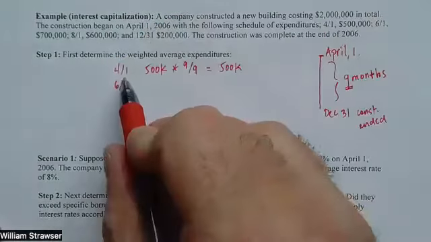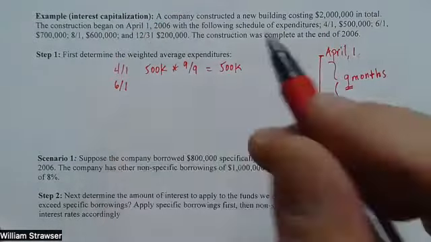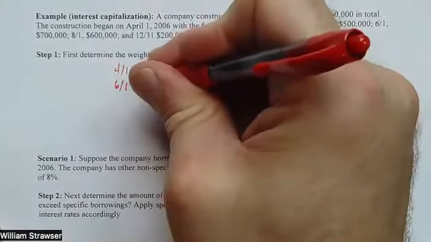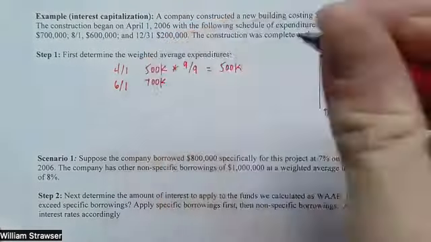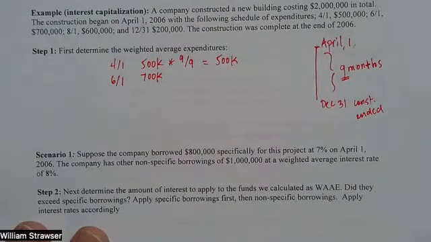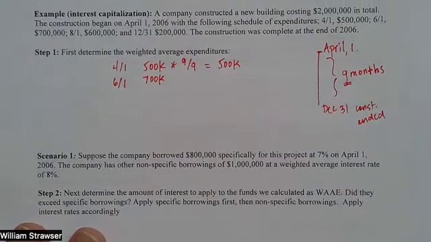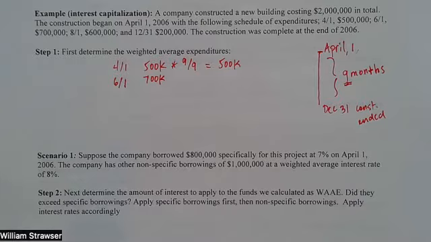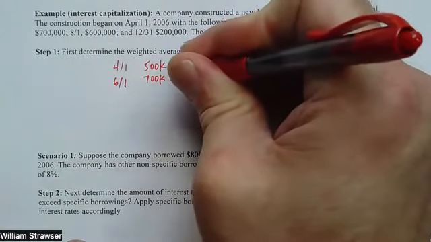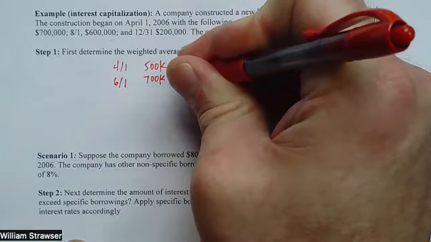So then we're 2 months in, 6/1. On June 1st, we spent $700,000. So if that was spent on June 1st, then you would have June to December 31st, which is 7 months. Be very careful. Again, remember, we're talking about the 1st of June.